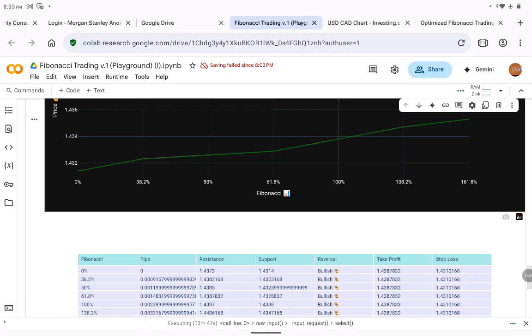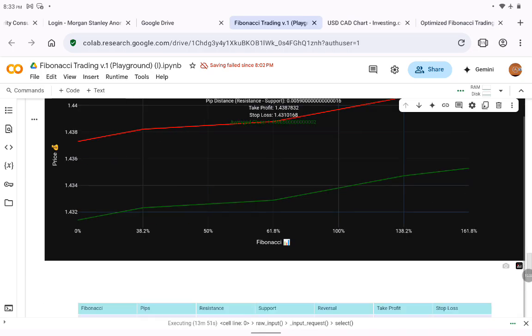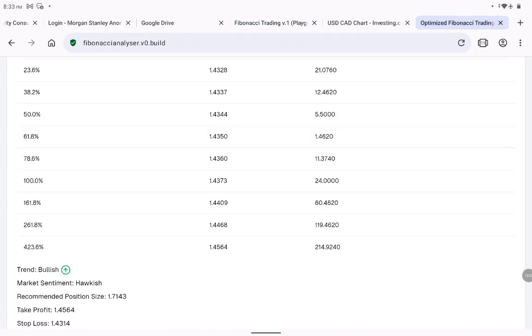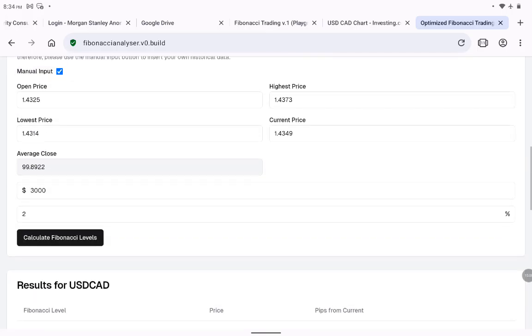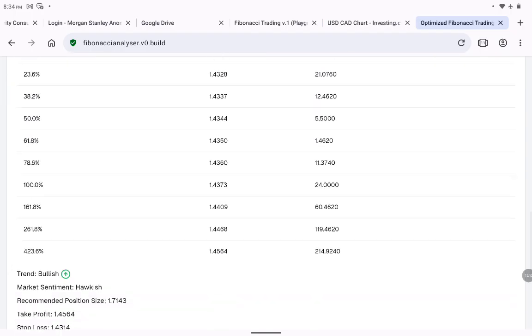And the whole point is that it's just focused on ROI. You just go in there and know the amount of pips you want. If market price right now is 1.4349, and from 78.6 you can simply trade to 1.4360, which is only 11 pips.